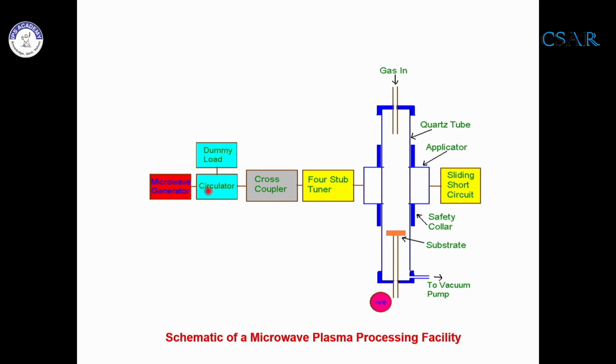The microwaves generated here are transmitted through the waveguide. There is a cavity with a quartz tube in which there is a gas under reduced pressure, and a sliding short. The microwaves are reflected from the sliding short and a standing wave pattern is formed. Depending on the Q of the cavity, the electric field strength goes up, there is a breakdown in the gas, and a microwave plasma is sustained here.